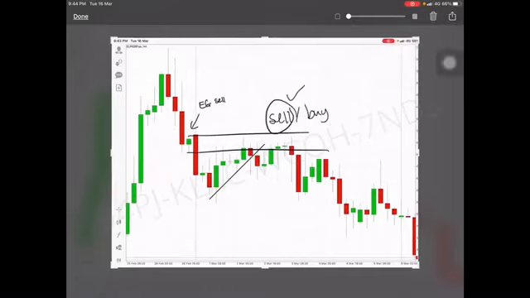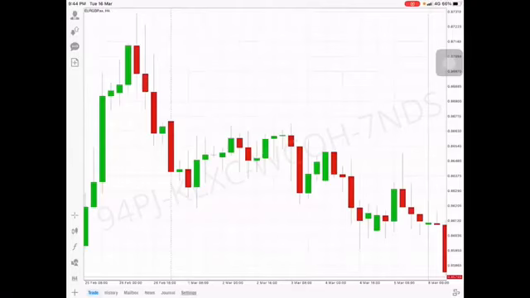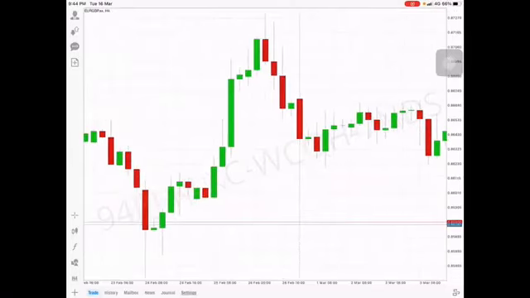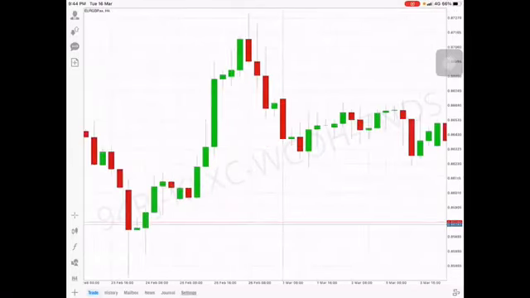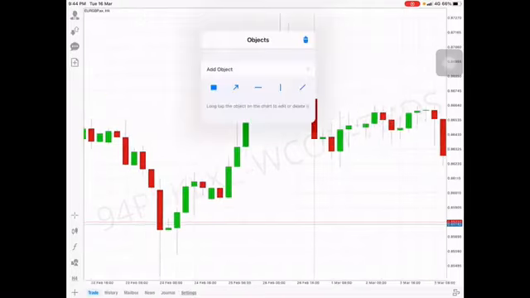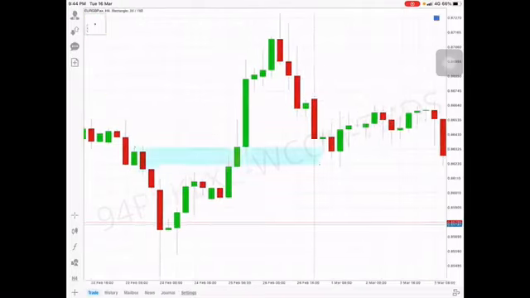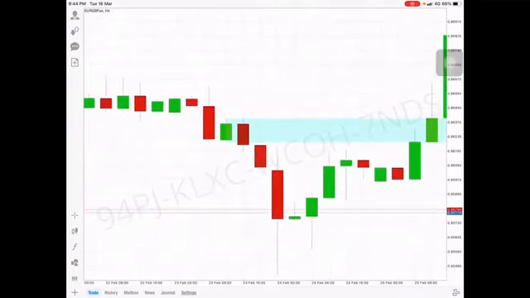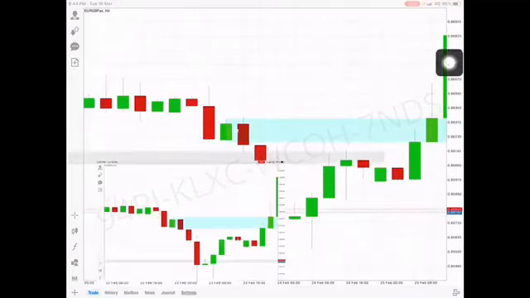Okay. So let me show you some other examples. Let's say if you have this one. Okay, now look at that. What engulfing is that?